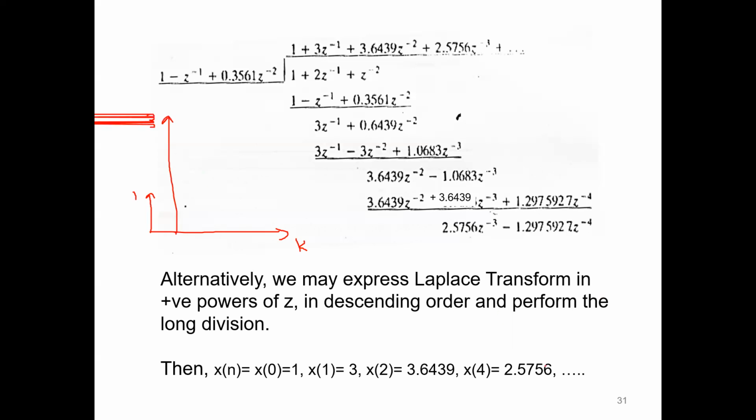And then the next one is 3.6 something, which is slightly above this one. This is 0, 1, 2, and so on. So all of the samples, this one is 2.57, x1, x2, this should be x3. 2.5 something, so it's not as tall as the previous one. So maybe somewhere over here. This is the fourth sample. The answer of the inverse z-transform is a sample sequence.